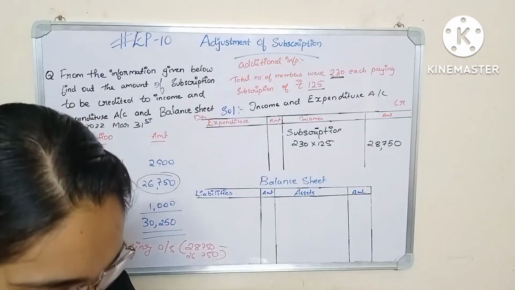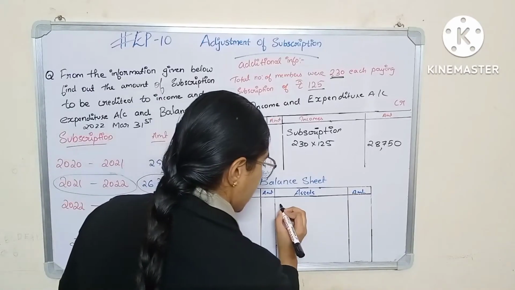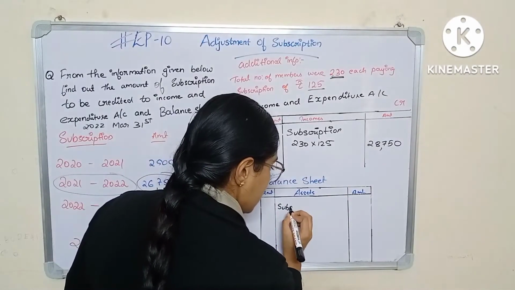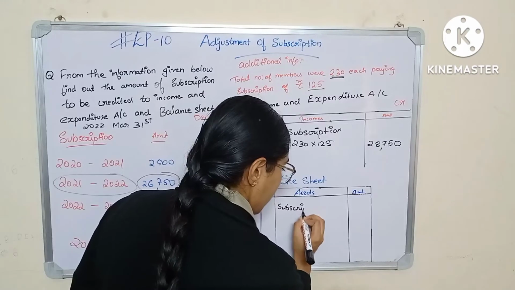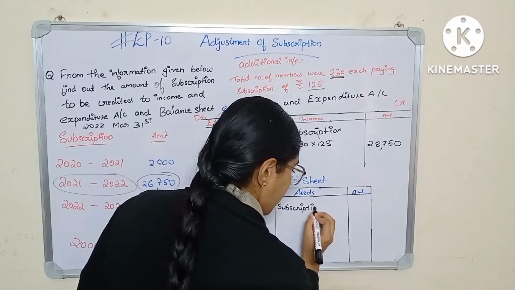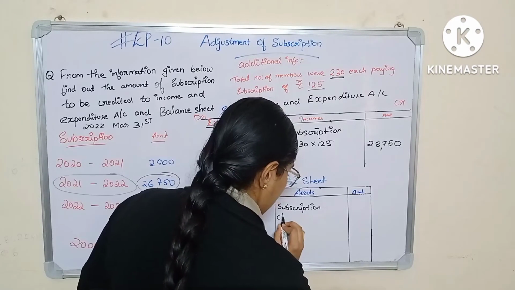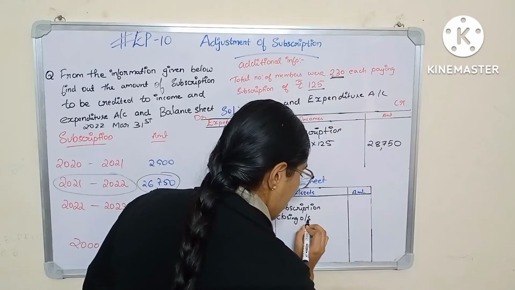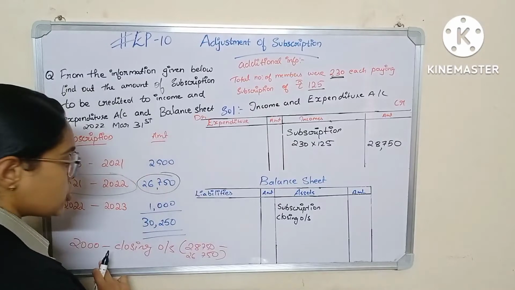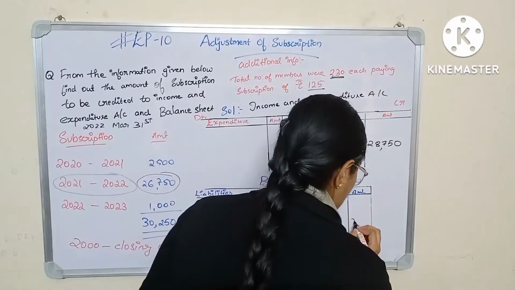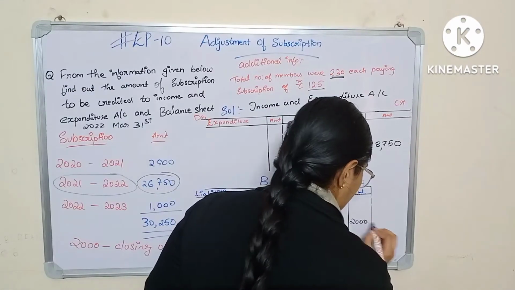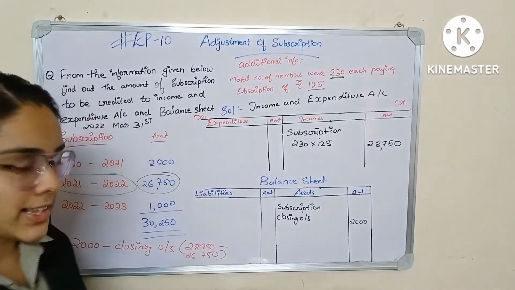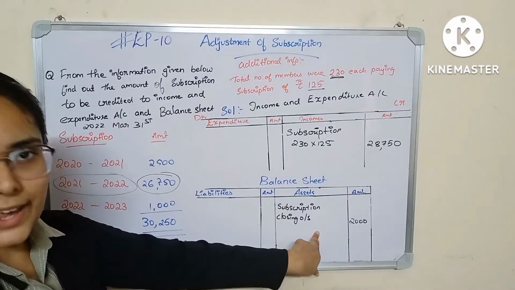You will show subscription, closing outstanding, 2,000. Just that's it. So you have shown your asset.